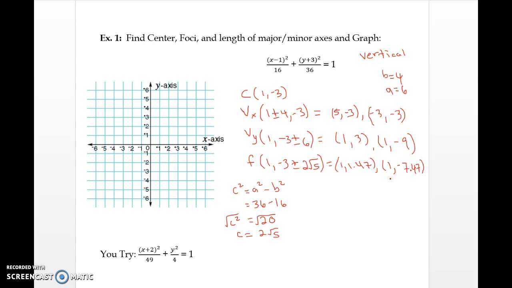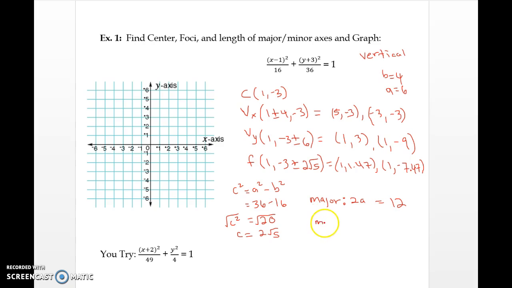So now we found the center, we found the foci, we found our vertices, v sub x and v sub y. If we want to find the length of the major axis, that is 2a, and we know a is 6, so that was going to be 12.